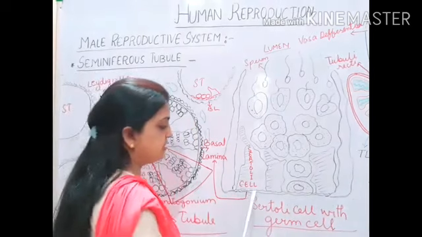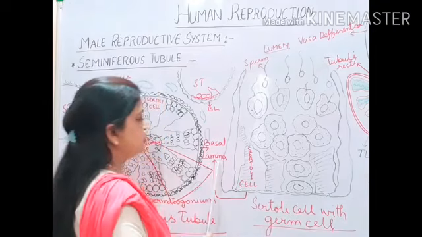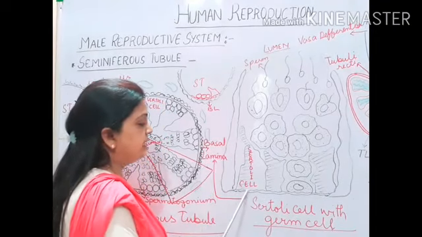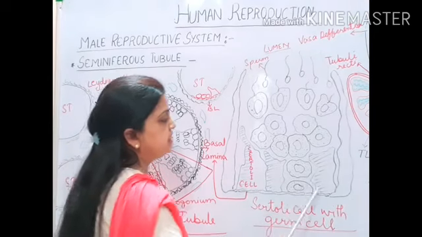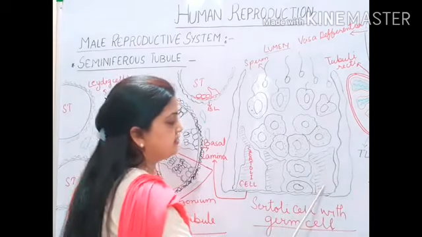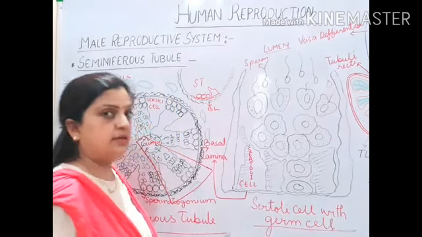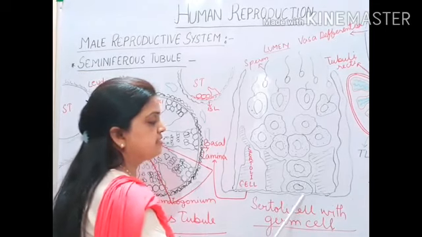Now the basal part, this bottom part, this base part is called the basal lamina. Then here I have drawn triangular shaped cells. These are Sertoli cells. Now children, at the bottom you can see I have drawn one single cell.